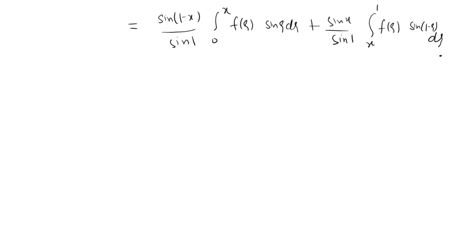So this is the final solution, and if we know f, you can solve this non-homogeneous problem. And in fact we have studied that any Sturm-Liouville problem can be transformed into second order and vice versa. So you can solve a Sturm-Liouville boundary value problem by writing the Green's function.